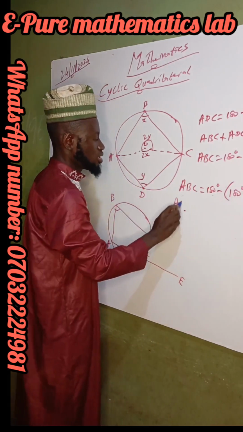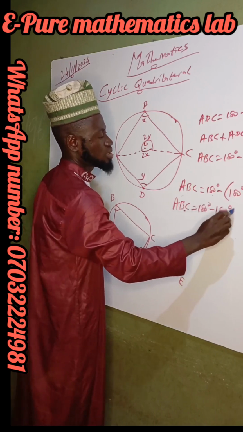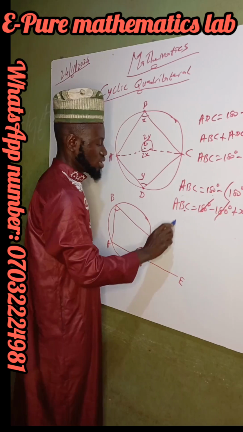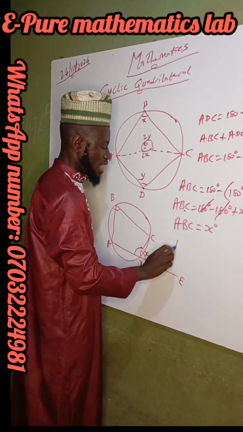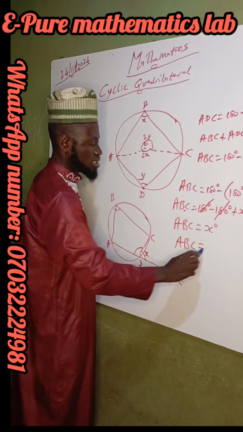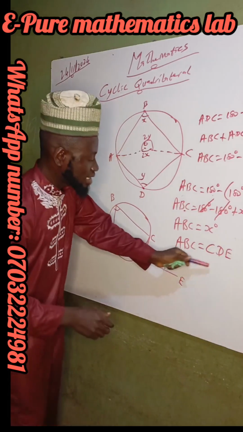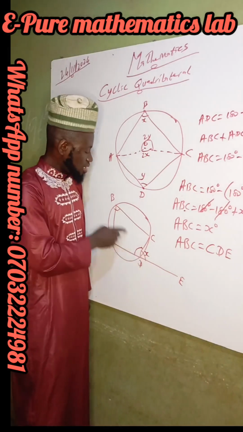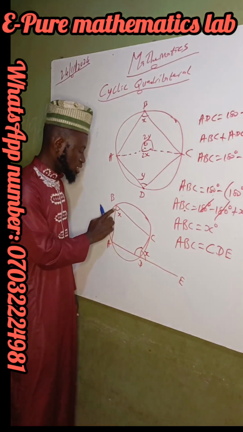And that gives us ABC equals 180 degrees minus 180 degrees plus x degrees. You can see that this and this will cancel. Then we have ABC to be x degrees. This implies ABC is equal to CDE. And that is what it is telling us: the exterior angle of a cyclic quadrilateral is equal to the opposite interior angle.